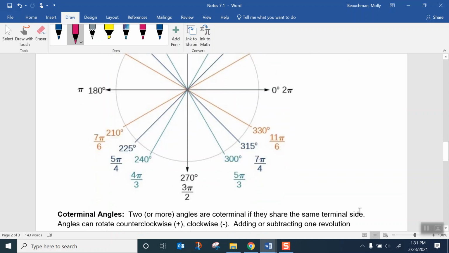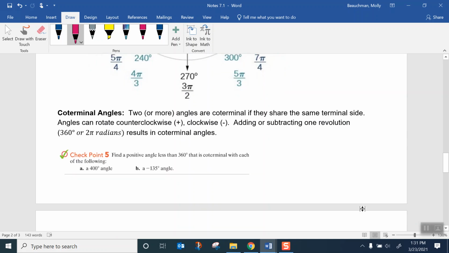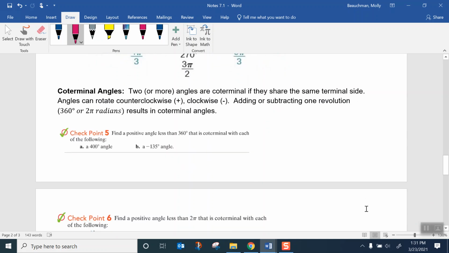Okay. All right, so next, coterminal angles. Two or more angles are coterminal if they share the same terminal side. Angles can rotate counterclockwise or clockwise, and adding or subtracting an entire revolution, either 360 degrees or 2 pi radians, results in coterminal angles.